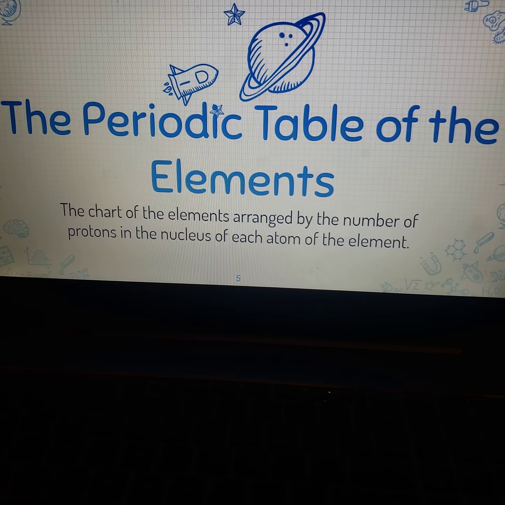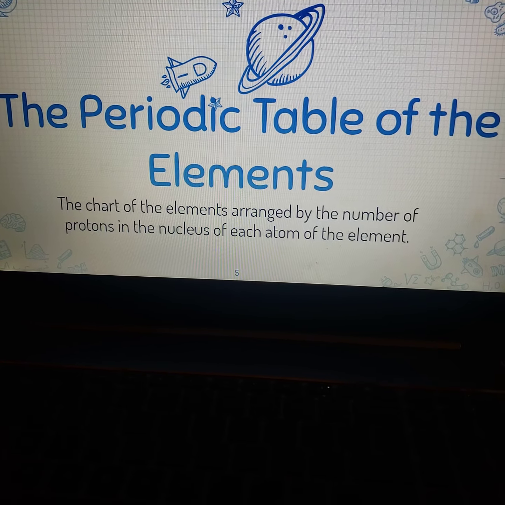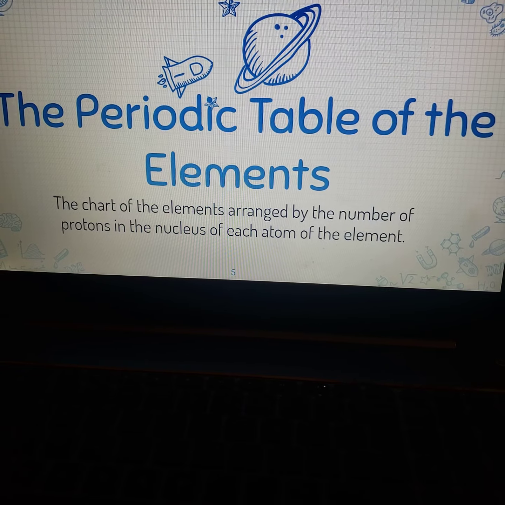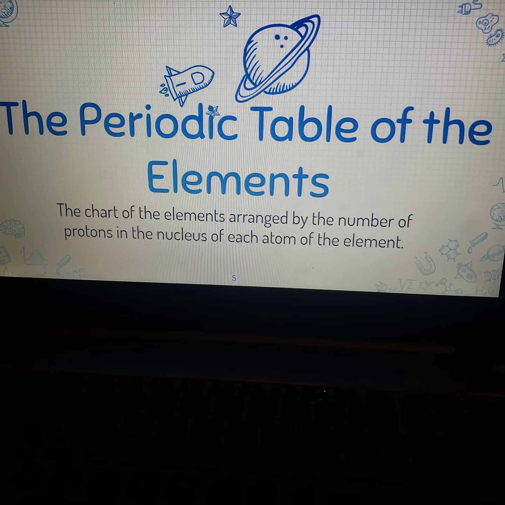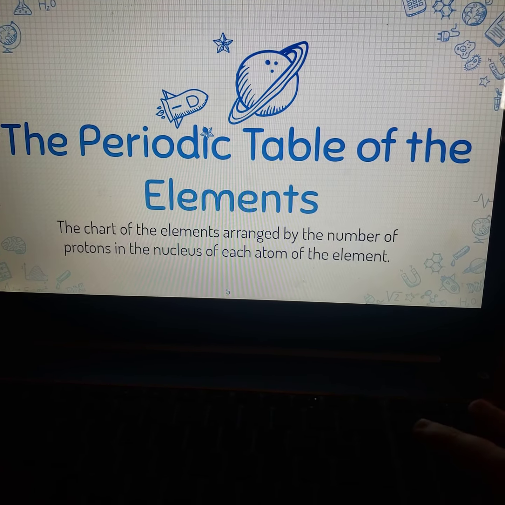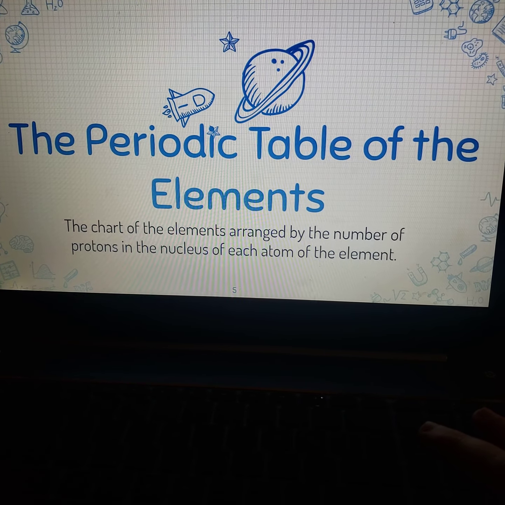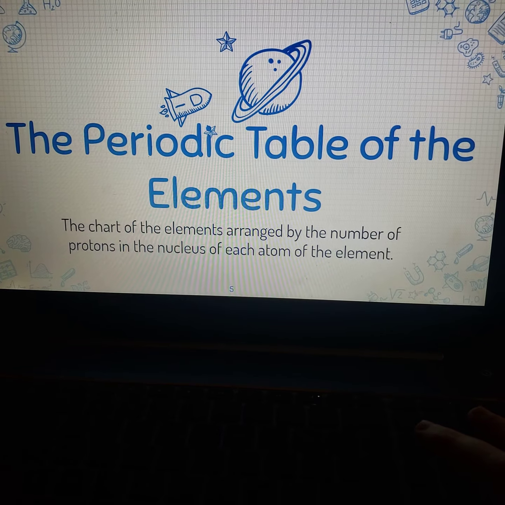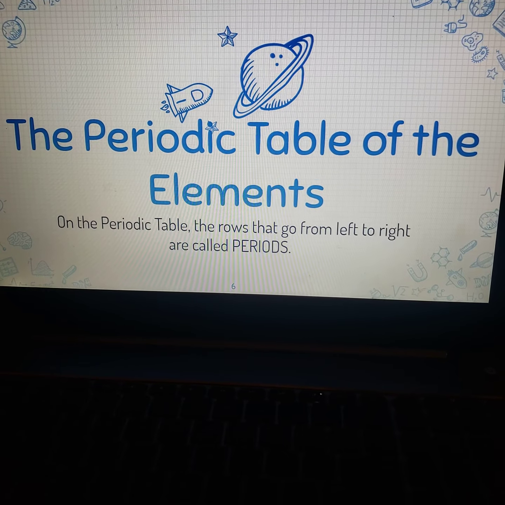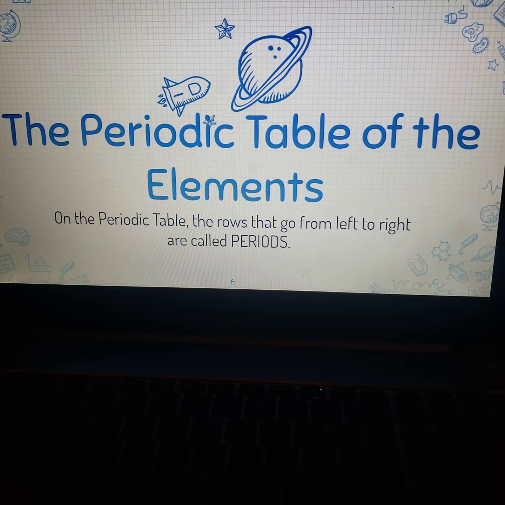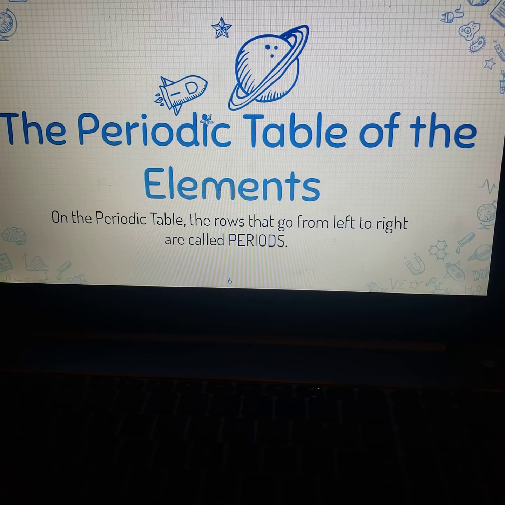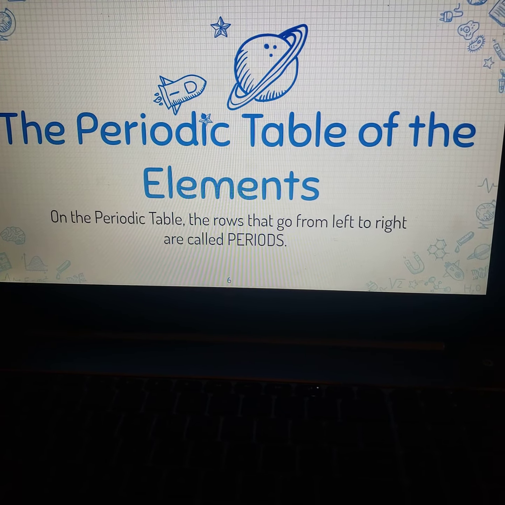The chart of the elements, arranged by the number of protons in the nucleus of each atom of the element. That's what the periodic table is. But let's take a look at a few other things that we can find out about the periodic table of the elements. On the periodic table, you have rows, and the rows go from left to right.